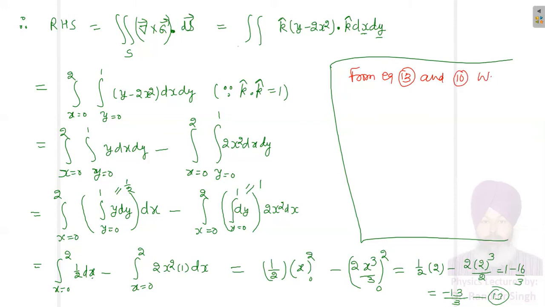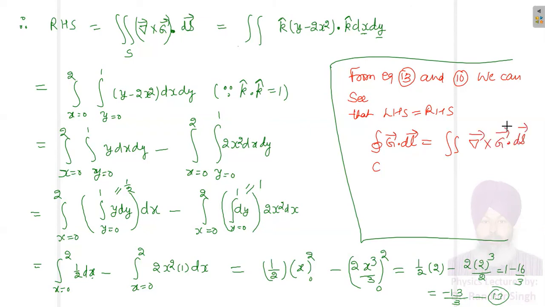From equation 10, we can see that the left hand side is equal to the right hand side, or we can see that the integration of the g vector over the closed path is equal to the integration of del cross g over the open area.